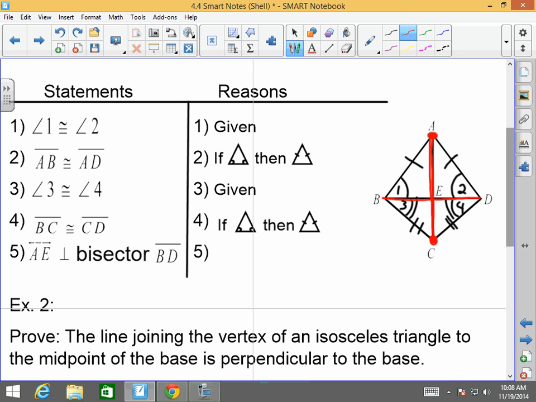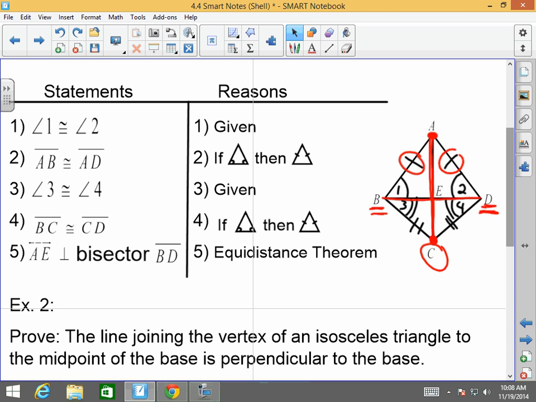Isn't point C on AC? Yes, it is. Isn't AC equidistant to BD? And isn't point C also equidistant to BD? So if two points are equidistant to the endpoints of the same segment, then that segment is the perpendicular bisector of the second segment. So that is the equidistant theorem.